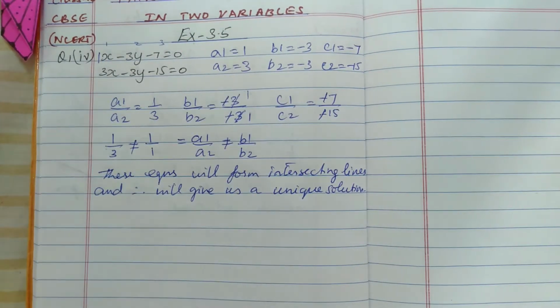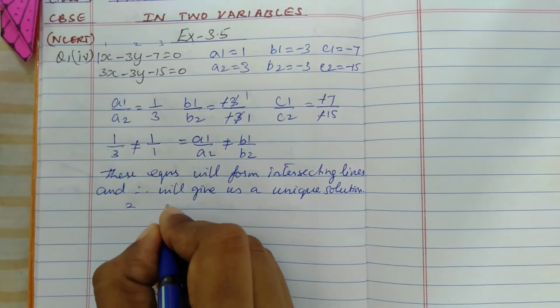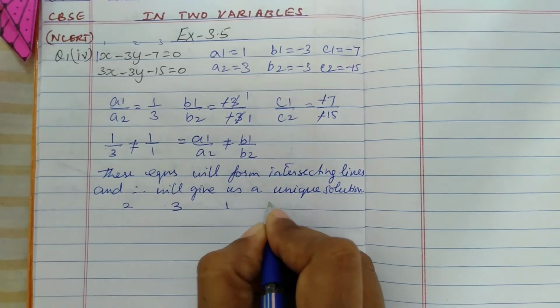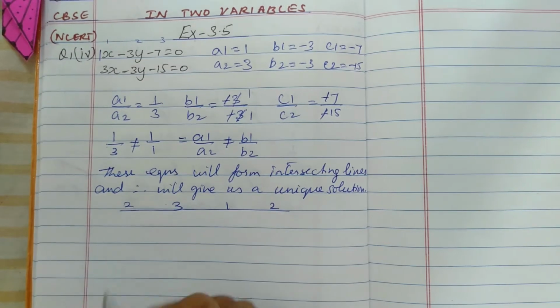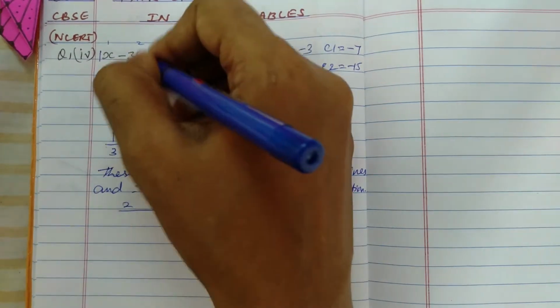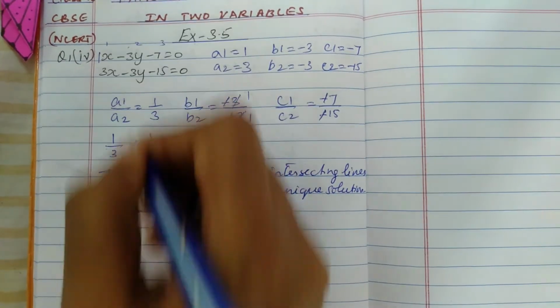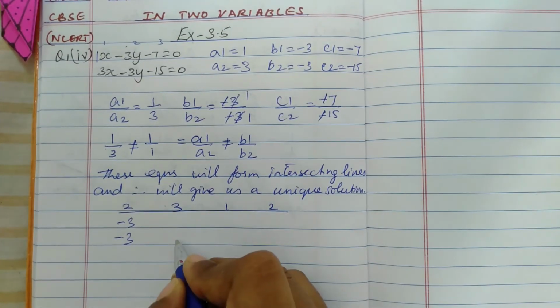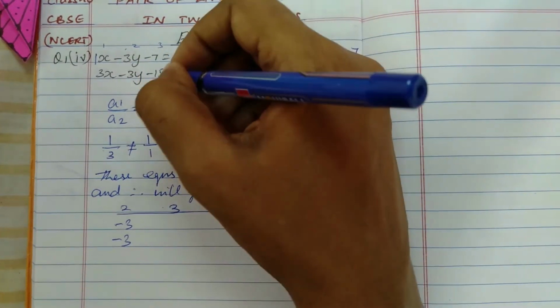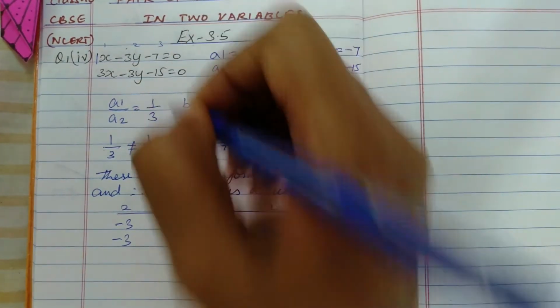These rows will be arranged in the form of 2, 3, 1 and 2. So here we will have the second row's coefficients. So the coefficients here are minus 3 and minus 3. And here third row's coefficients, these will be constants. So this is minus 7 and minus 15.